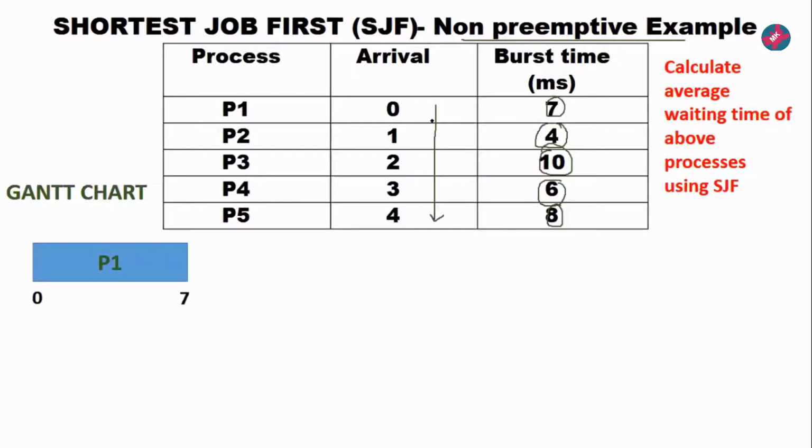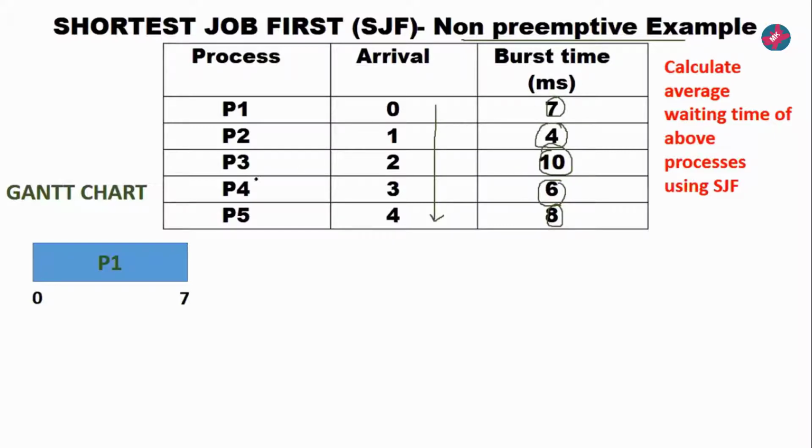You may think that since this is shortest job first, at 1 millisecond P2 has entered the system and it has a smaller CPU burst compared to P1, isn't it? But since this is a non-preemptive approach, what does non-preemptive say?